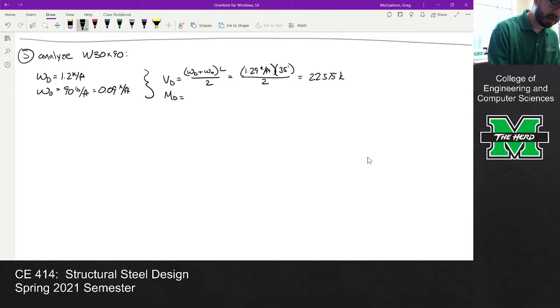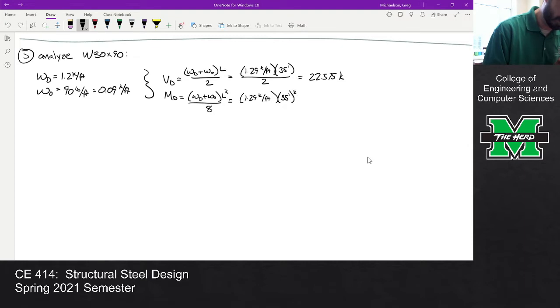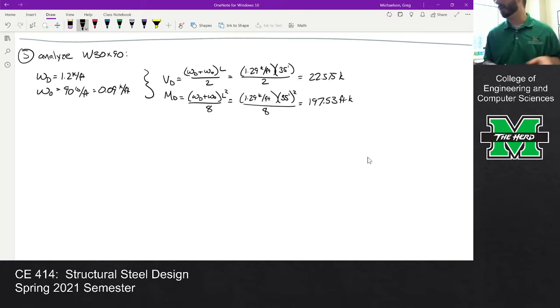And then MD is (WD plus W naught) L squared over 8, which is 197.53 foot kips. So if you look, you can see these values are slightly higher than what we got before.